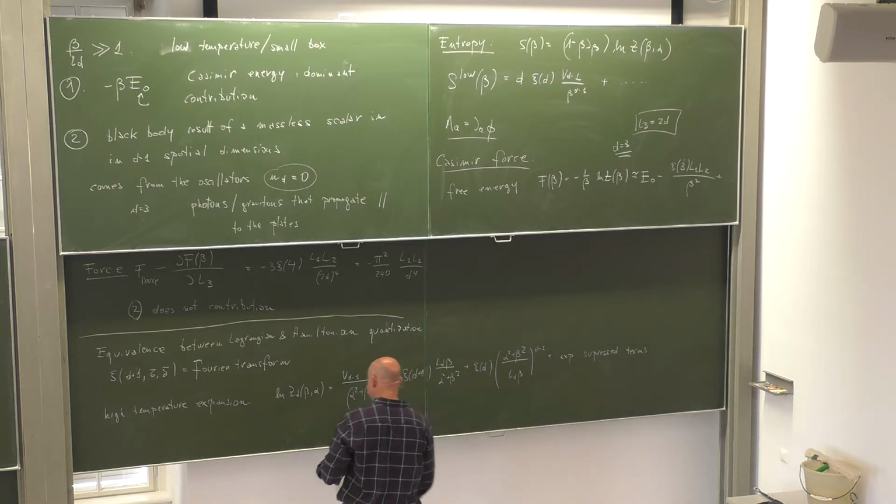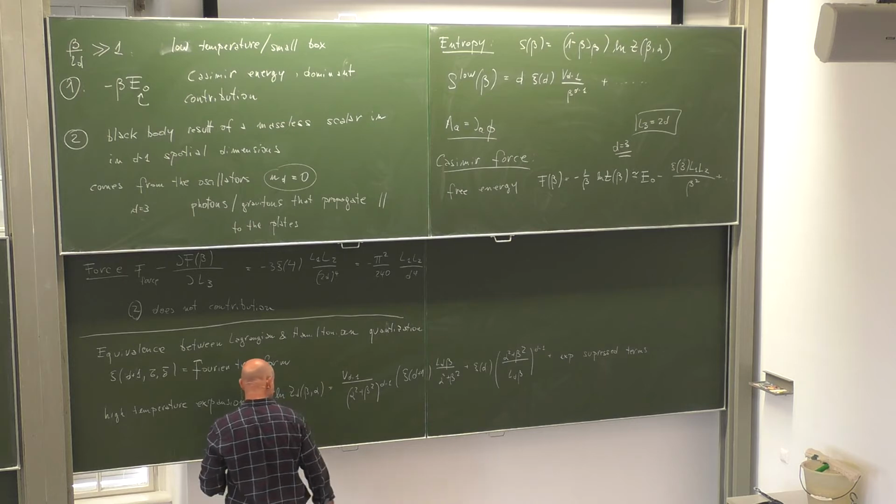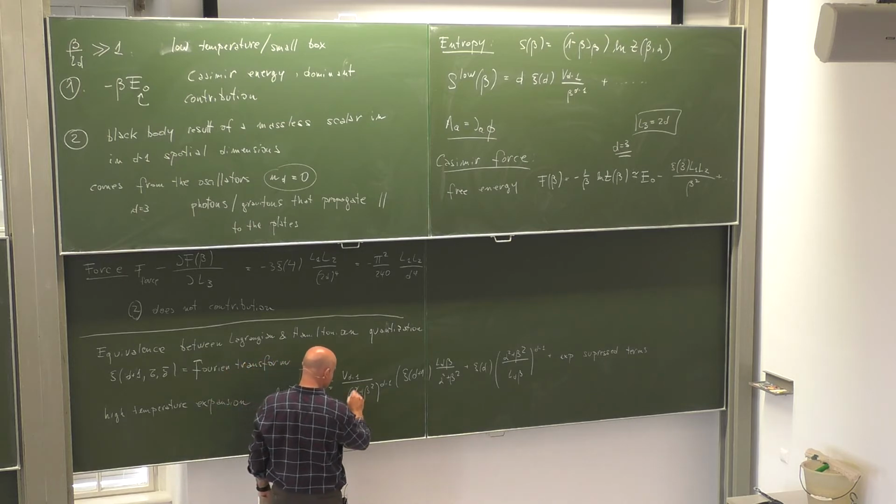And then you put alpha to 0, because the discussion is easier. You put alpha to 0, and then you look at what remains.